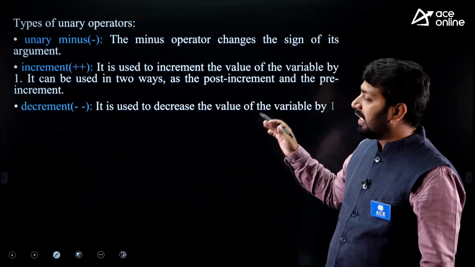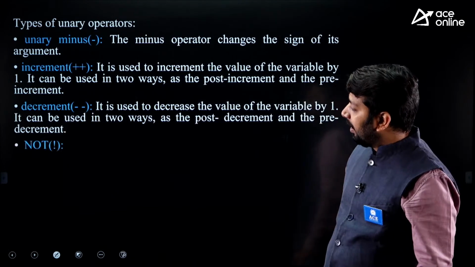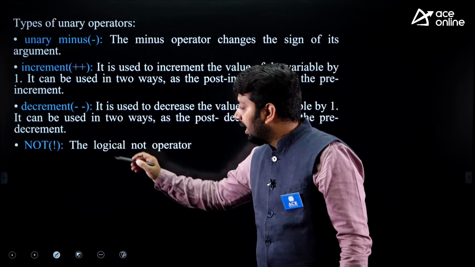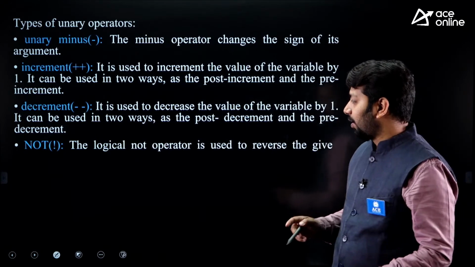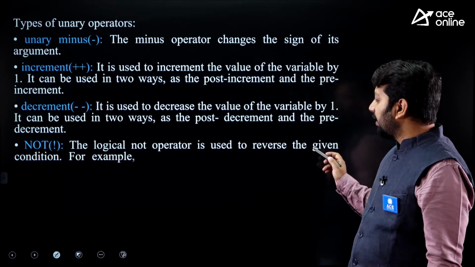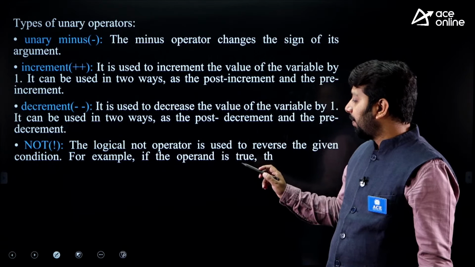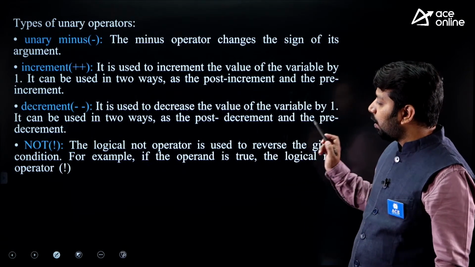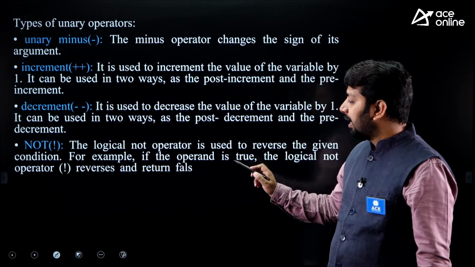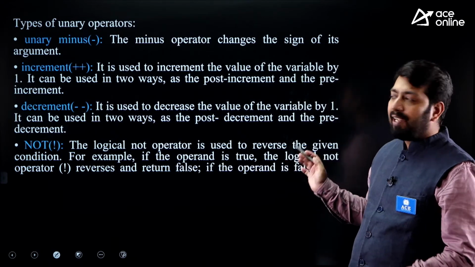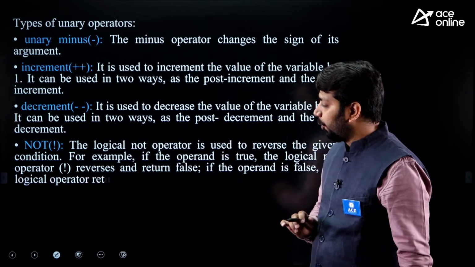In that case, it will decrement the value by 1. Next is not operator. It is unary as well as logical not. Fine. It is used to reverse the given condition. For example, if the operand is true, the logical not operator reverses and returns false. And if it is false, it will return true.